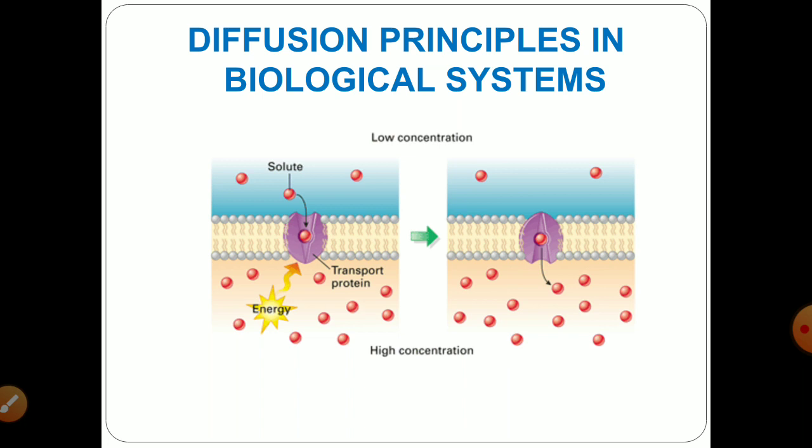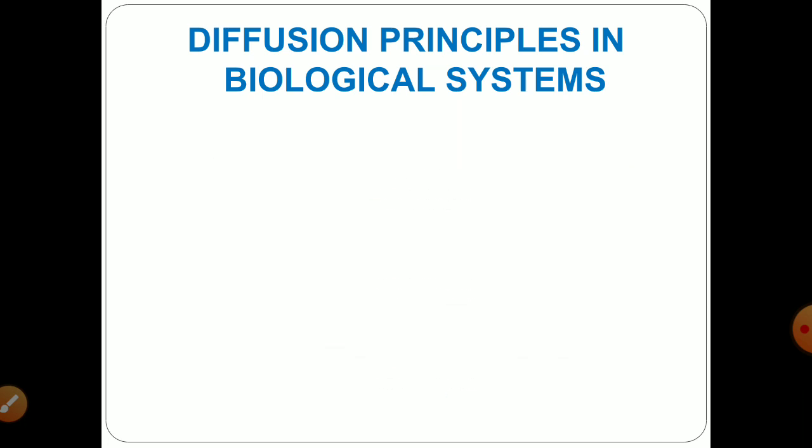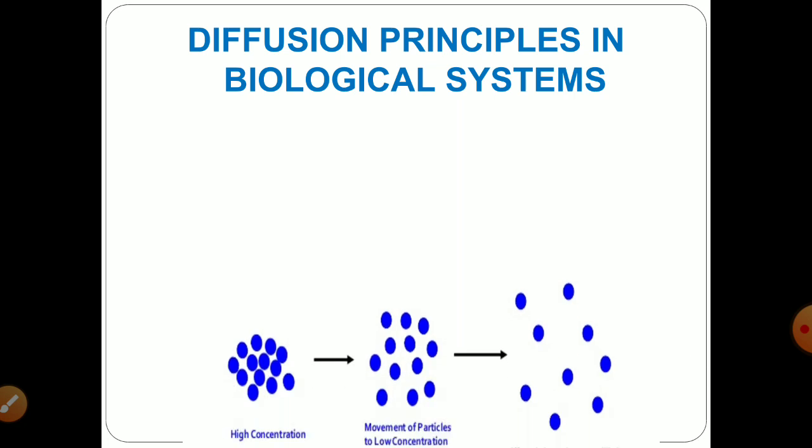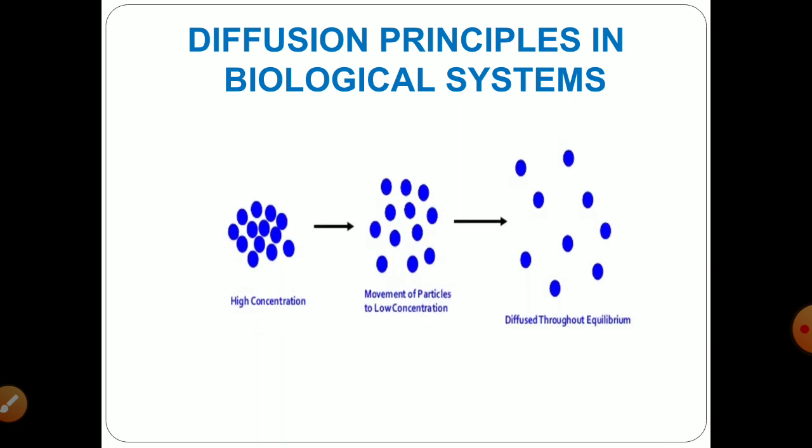In short, we can say that diffusion is the physical flow of material. The diagram on your display shows the transport of material from low concentration to high concentration, meaning the diffusion process has the impact of concentration. Now see, here you have a material residing on the high concentration node.